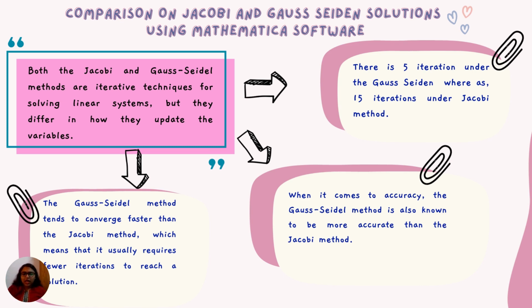In contrast, the Jacobi method uses the previous iteration values throughout the entire iteration. As a result, the Gauss-Seidel method takes advantage of more up-to-date information and tends to produce a more accurate solution. So with this, we know that the Gauss-Seidel method is more accurate as well.